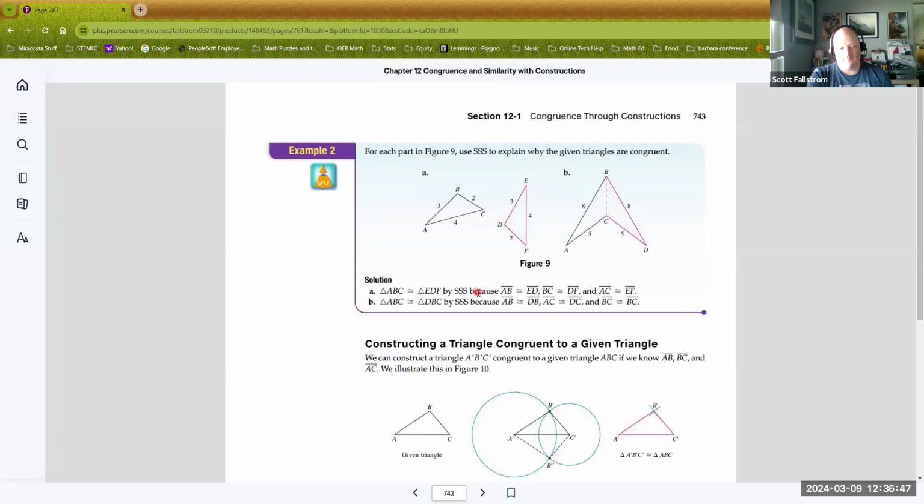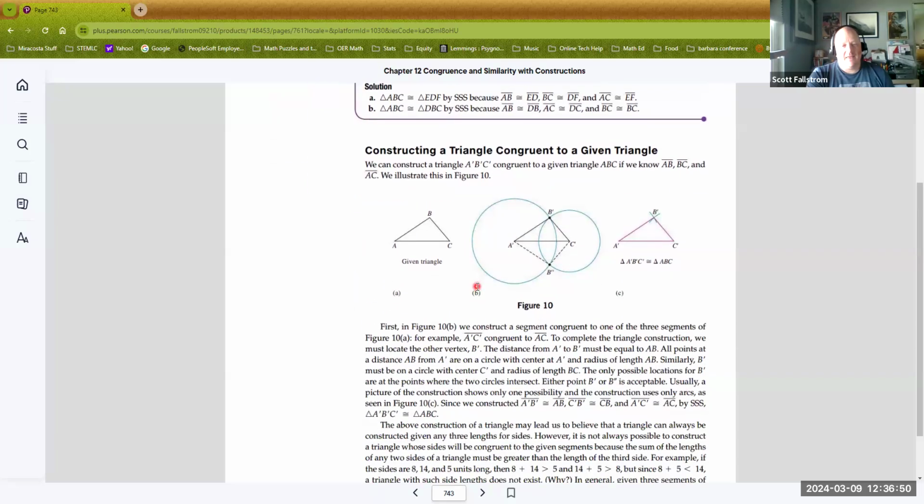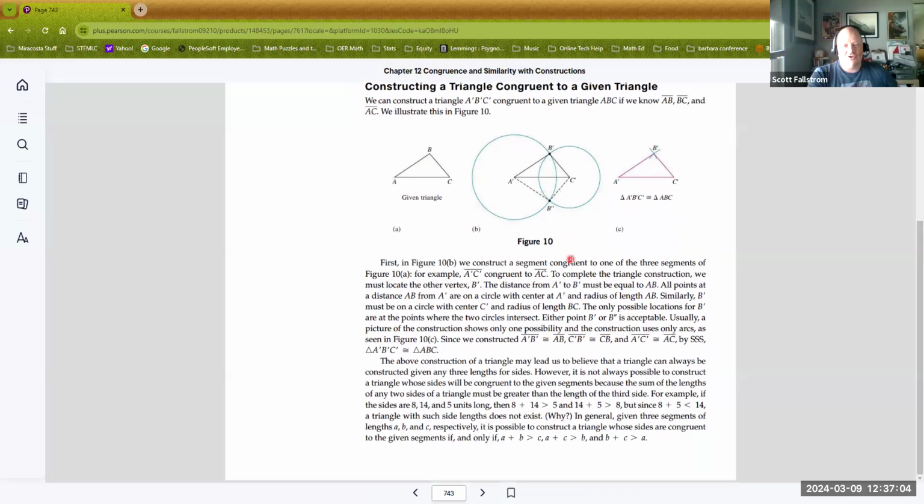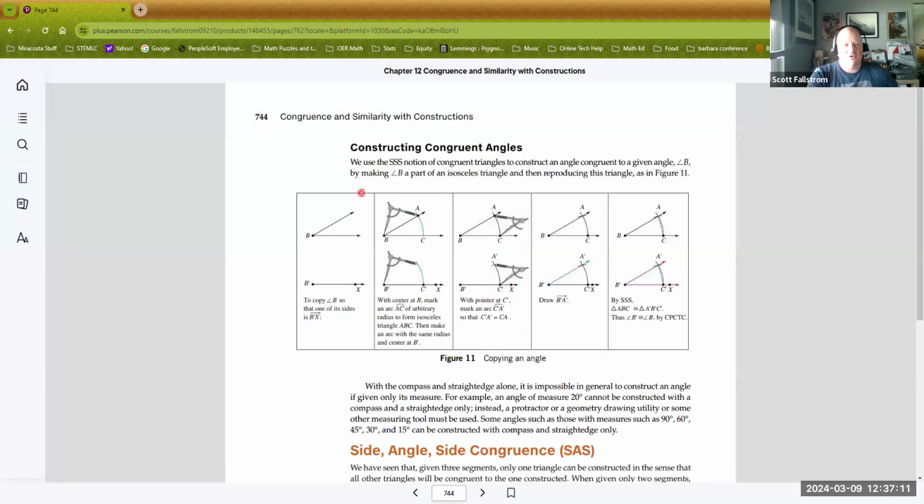Okay. Then we go through what's known as a construction, and this is one we're going to do in class. We take a given triangle, we create another triangle. And the way that we do this is by capturing lengths. So I'm going to demonstrate how to do this so that you can kind of get the idea of it. And also, it does lead to how we can construct angles.